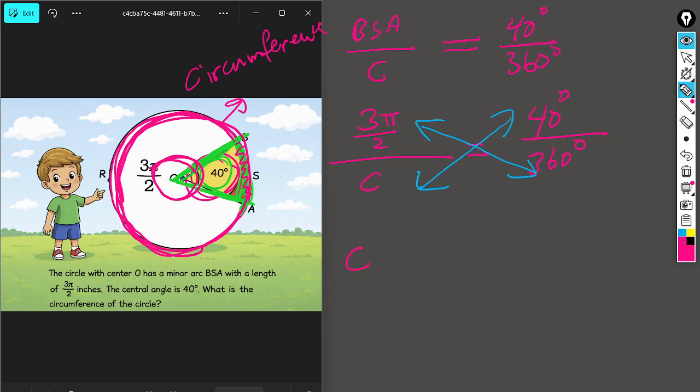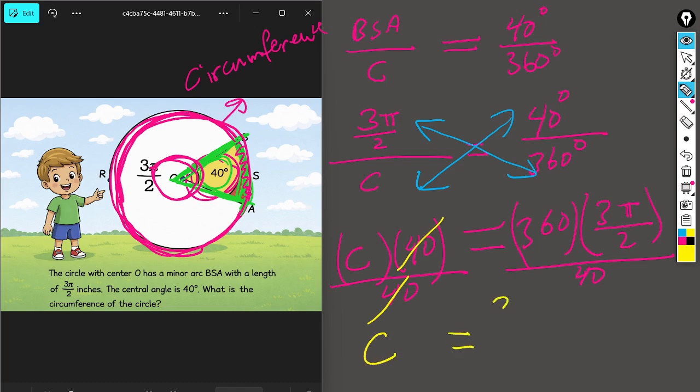So the circumference, you multiply it by 40, and this will equal 360 multiplied by 3 pi over 2. We divide by 40 on this side, and we cancel 40 with 40, and we end with C as the circumference, which is equal to 360 multiplied by 3 pi over 2 divided by 40.